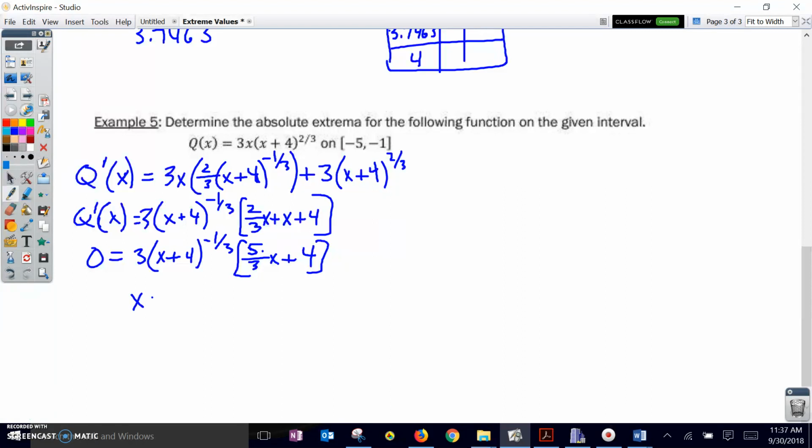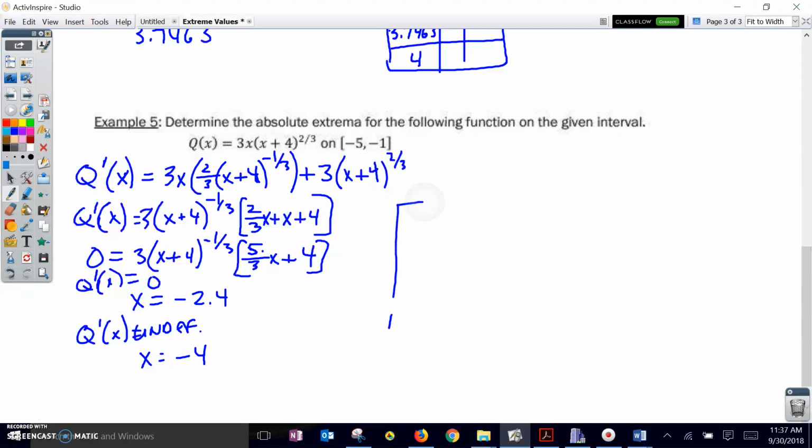Yes. So x equals negative 12/5 or negative 2.4 at 0. And the other thing we need to consider here is when it's undefined, and q prime is undefined at x equals negative 4. And so those are going to be values we consider for the absolute extrema.